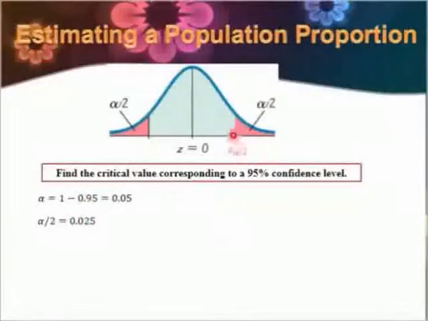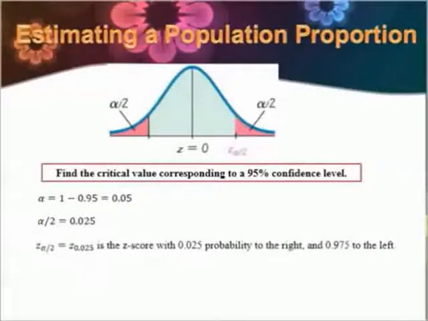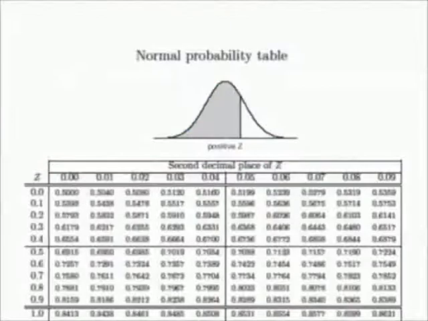So what I want to find is the critical value that has 0.025 to the right. Well, if it has 0.025 to the right, that means it has 0.975 to the left. So we need to find the z-score that has 0.975 to the left.